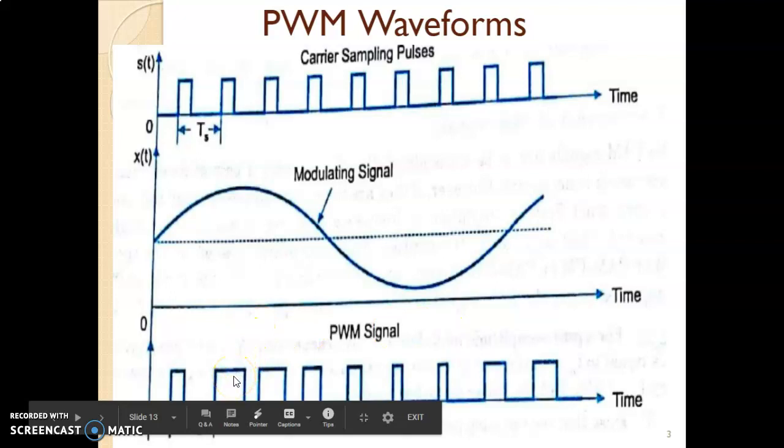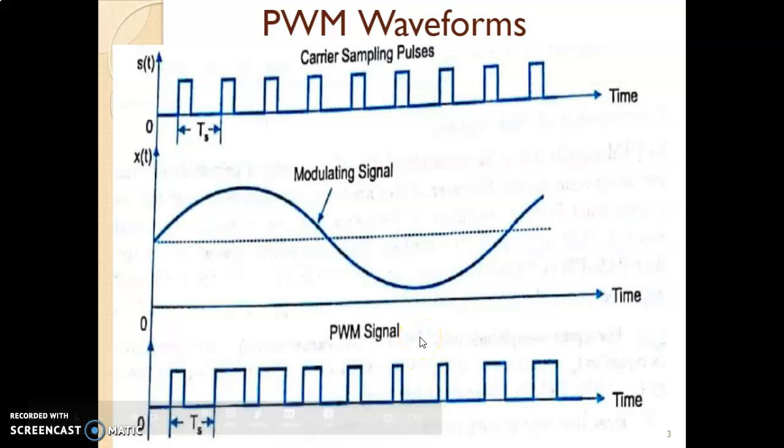The width of the pulse is maximum when the amplitude of the modulating signal is maximum, and when the amplitude of the modulating signal is minimum, the width of the pulse is minimum. Throughout the graph, the amplitude is not changing, only the width of the pulse changes, and that is why this is called pulse width modulation.